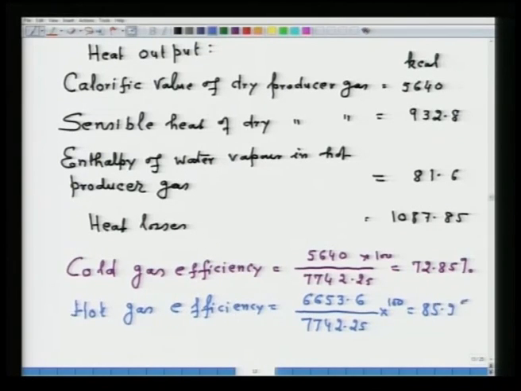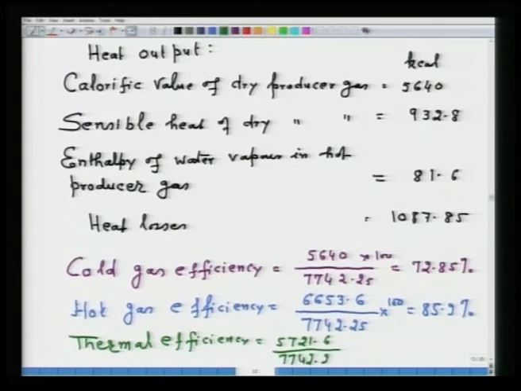Now, it is also interesting to calculate the so-called thermal efficiency of the producer gas, and this thermal efficiency is equal to 5721.6 divided by 7742.25 into 100.